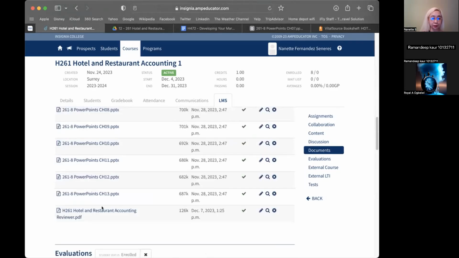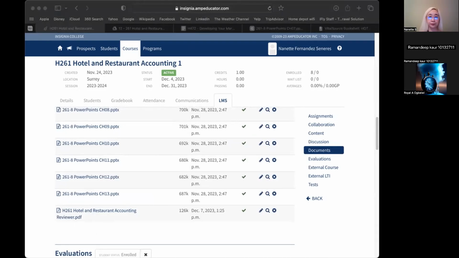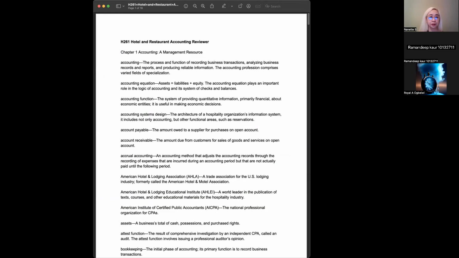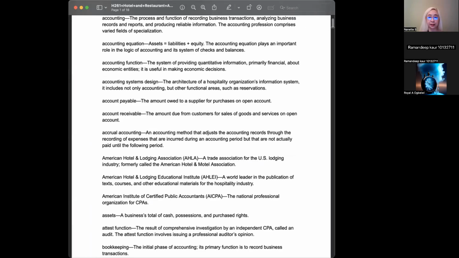I also included a reviewer, right, Raman? So if you click this, it would show the different terms. So let me share. So this is the document that you will see.